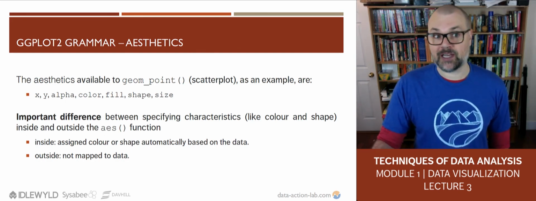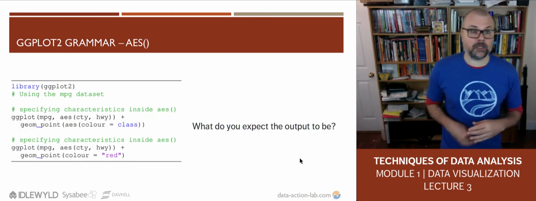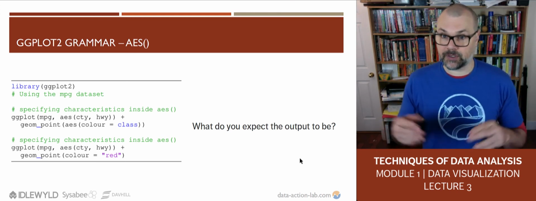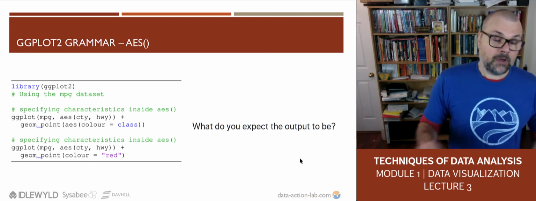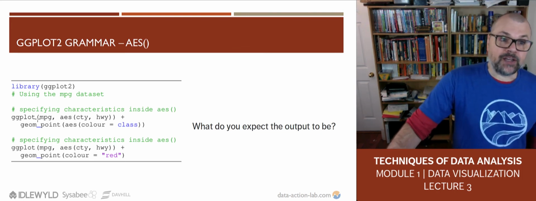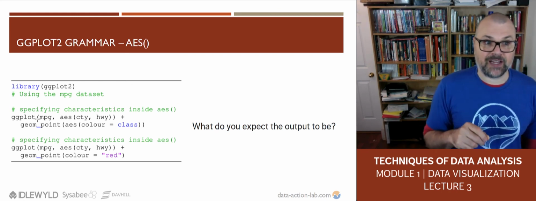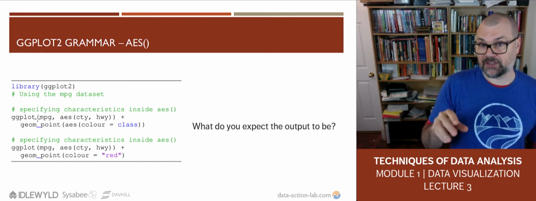Let me show you an example of what I mean here. The first chart here will use the MPG dataset, which is built in the ggplot package. So we're going to plot the MPG dataset, and we're going to use two variables, cty, which stands for city, and hwy, which stands for highway.